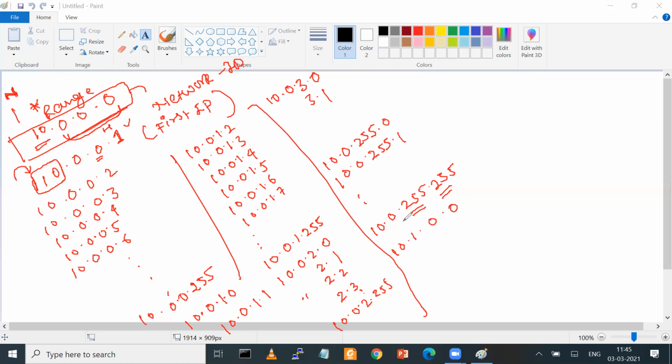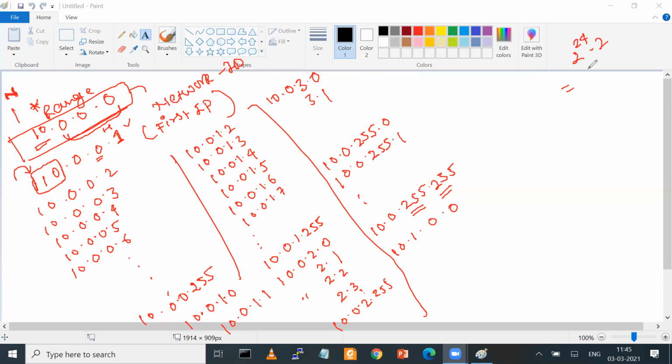Guys, now you can understand that's why I was telling that in case of class A we calculate 2 raised to the power 24 minus 2 hosts, because these are the host IPs which we can configure in a machine. ये सारे मेरे यूनिक आईपीज है जिनको मैं एक मशीन के अंदर क्या कर सकता हूँ, कॉन्फ़िगर. I can configure all these IPs in a machine.